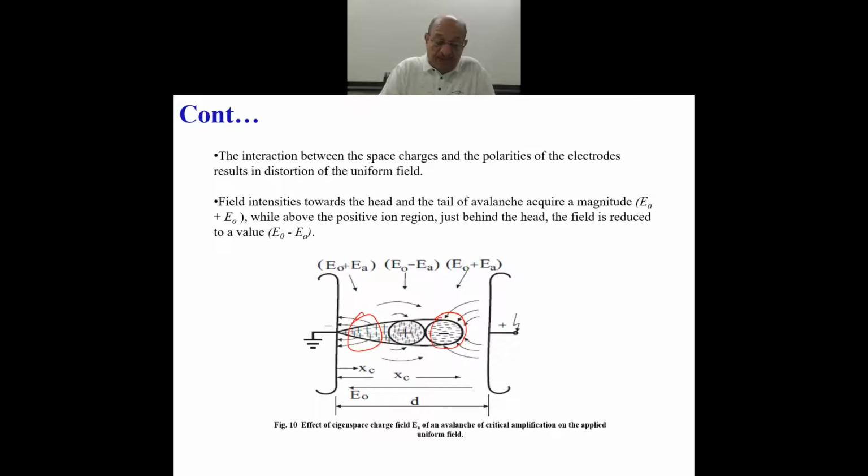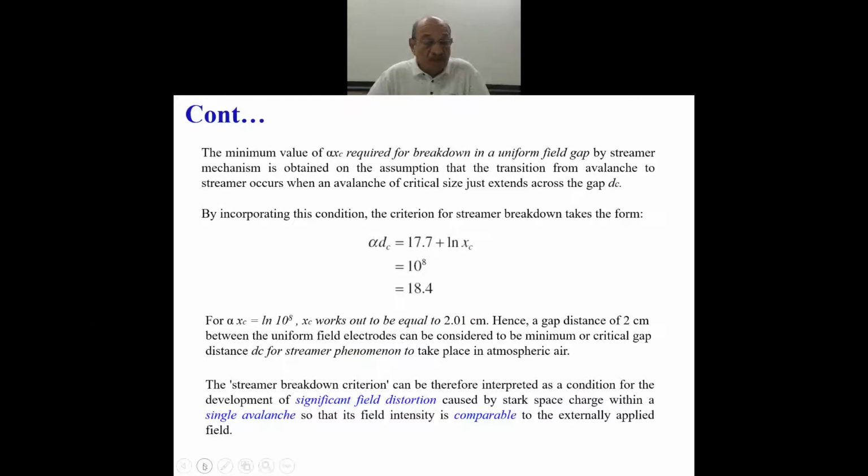So as you can see here, let's talk about the minimum value of alpha xc. Xc is the critical amplification of the avalanche required for breakdown in a uniform field by streamer mechanism.